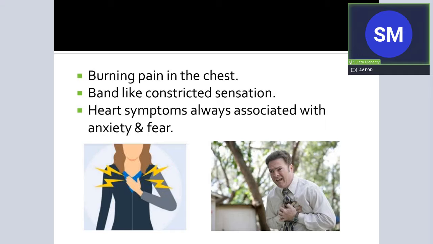If there are heart symptoms, then he will become anxious and fearful that definitely he is going to die, that this disease is incurable. So heart symptoms are always associated with that mental symptom, fear and anxiety about dying.